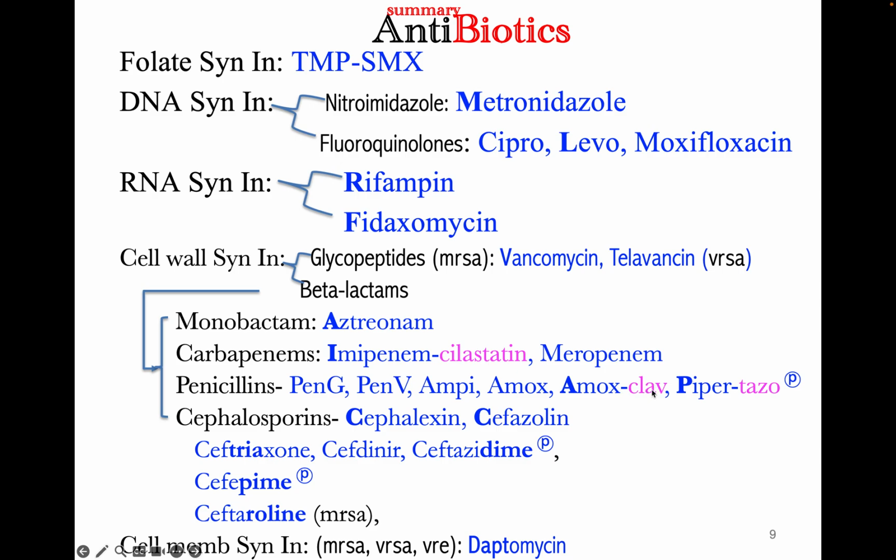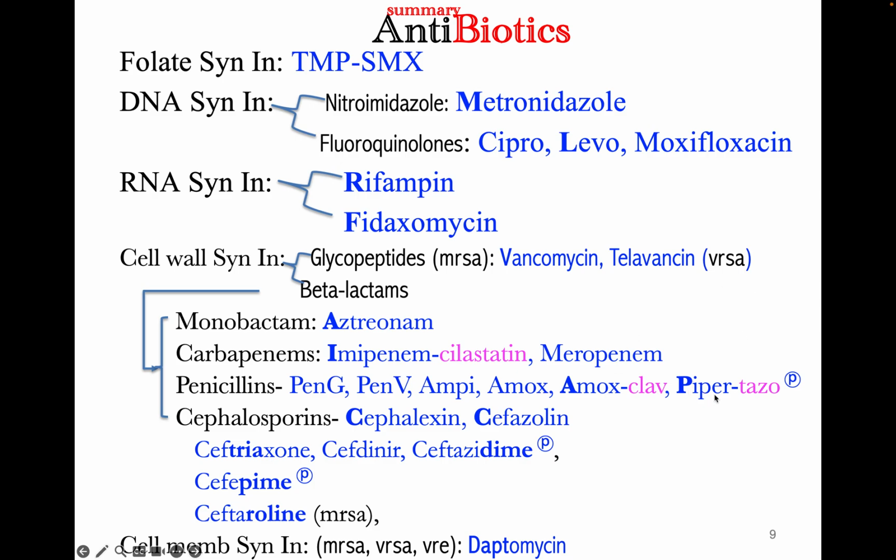Clavulanate alone cannot kill bacteria, but it can chop the beta-lactamase produced by the bacteria. Therefore, it can save amoxicillin. Amoxicillin would be eliminated by beta-lactamase produced by certain bacteria, so we are adding clavulanate. Hope you understood that.